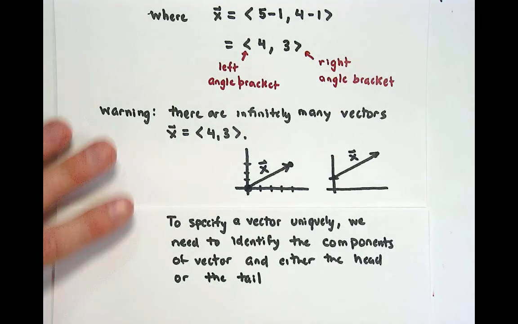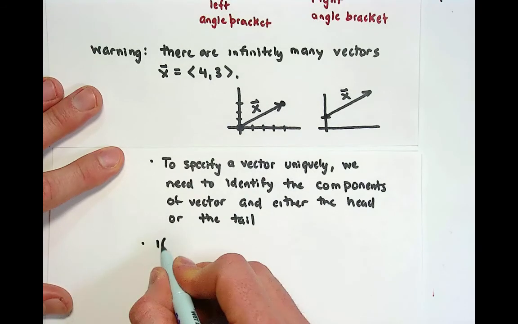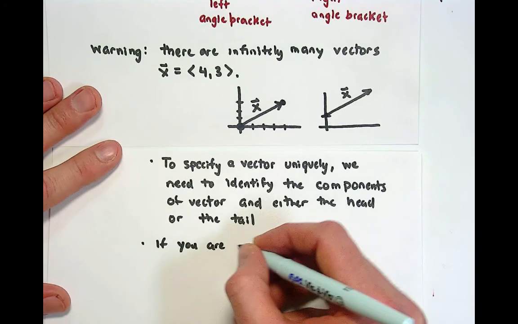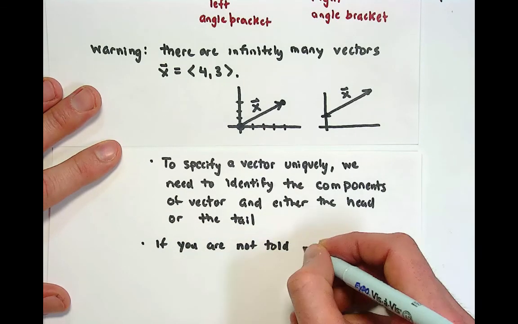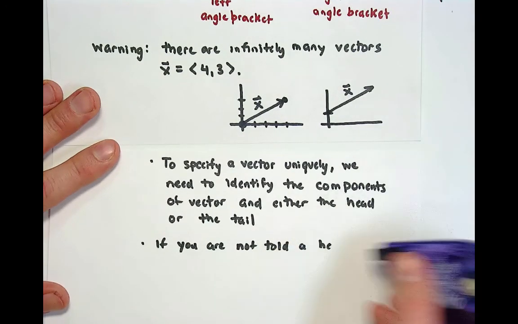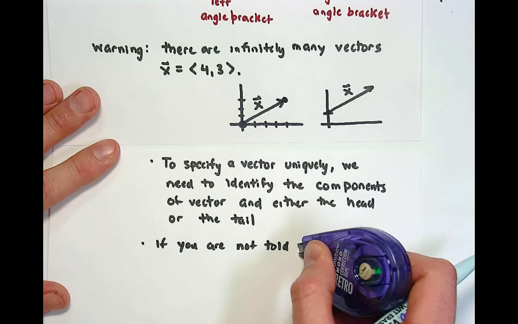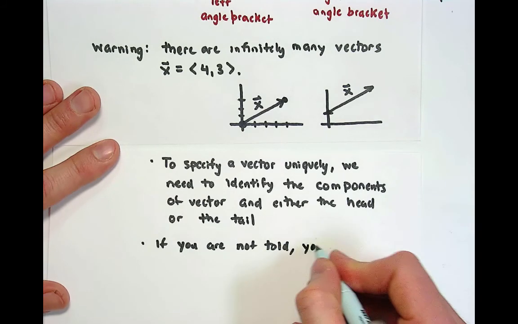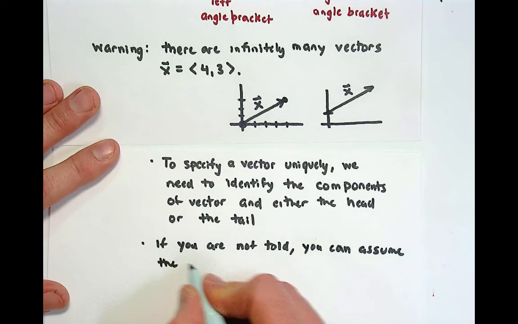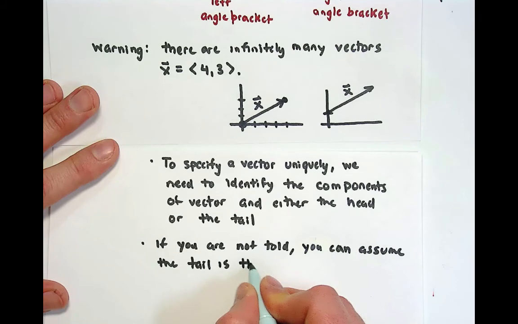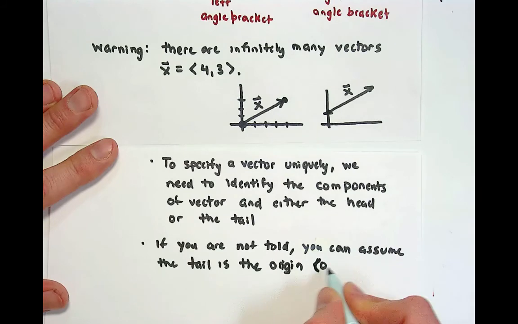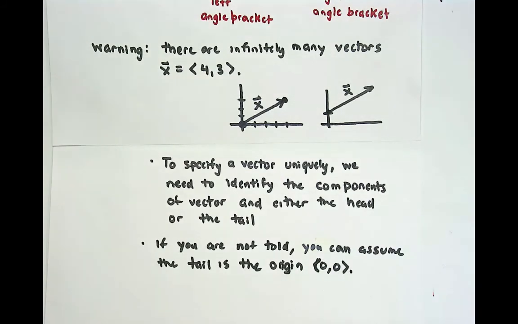If you are not specifically told the tail or the head, you can assume the tail is the origin, (0, 0).